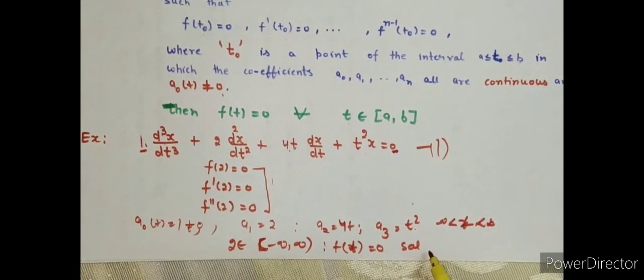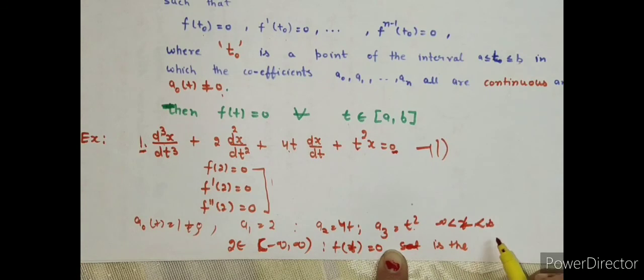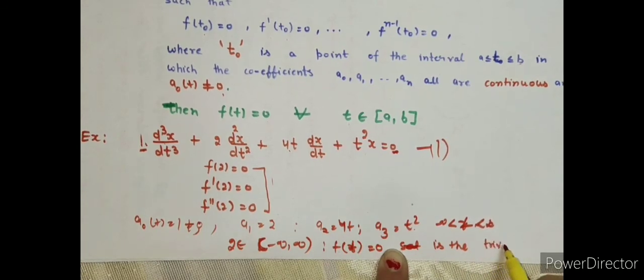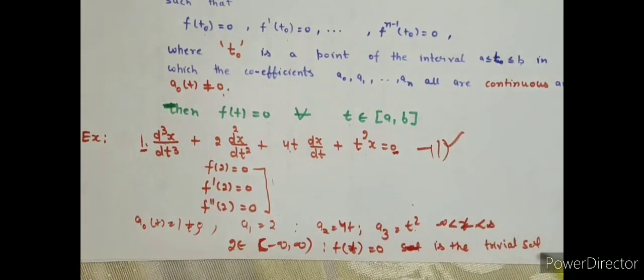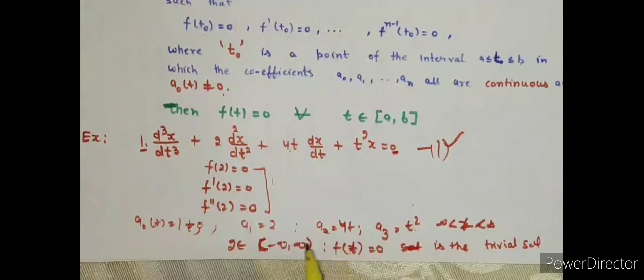So f of t equal to 0 is the trivial solution. This homogeneous linear differential equation of order 3 has only one unique solution, and this solution is only the trivial solution. It means my problem has only the trivial solution with these initial conditions. Thank you so much for watching.